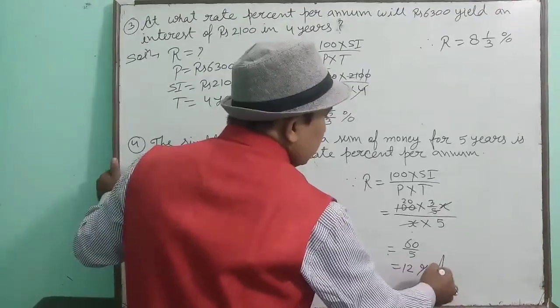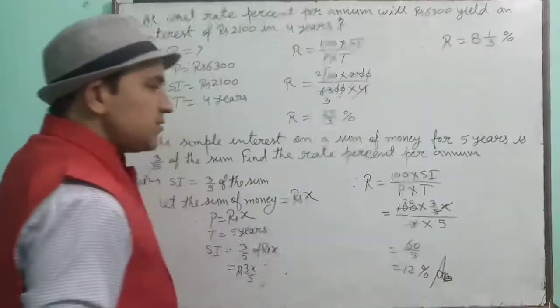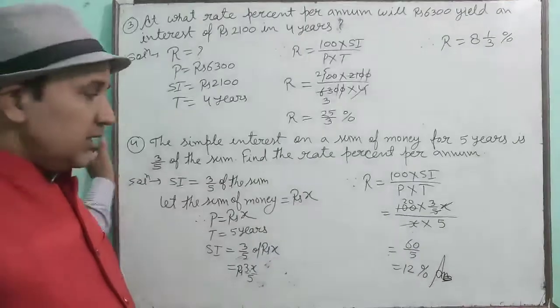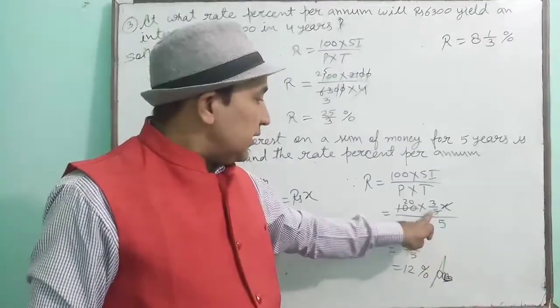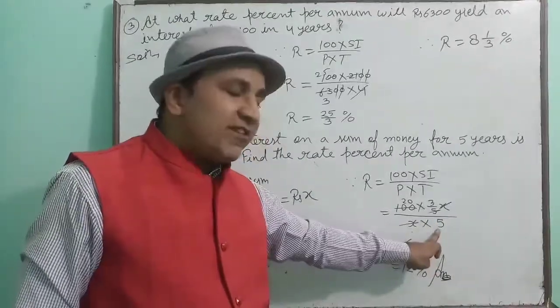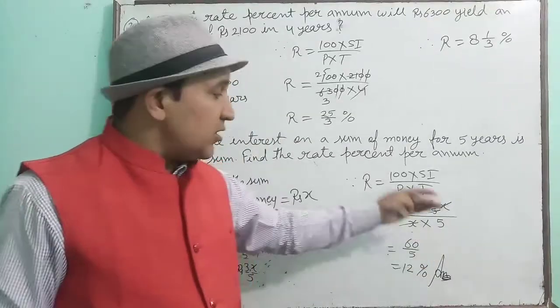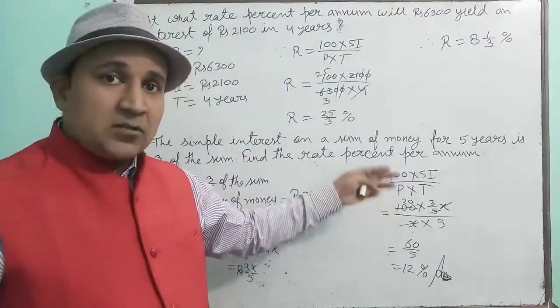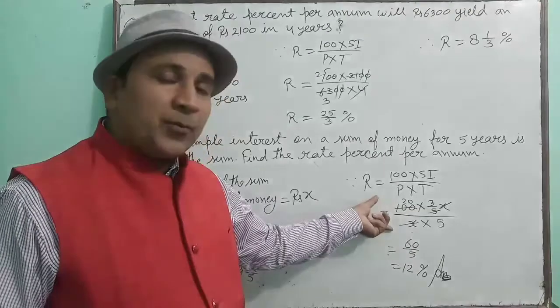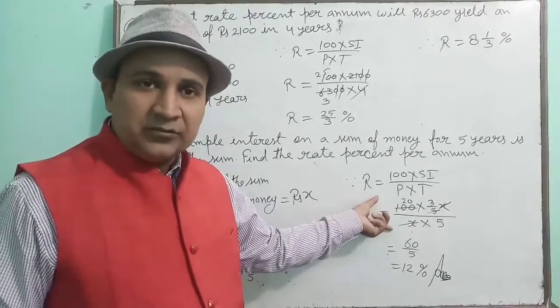That means the rate percent is 12 in this question. Be careful children. This 5 will not be divided by this 5 because this is a complex fraction. So be alert in such type of calculation.